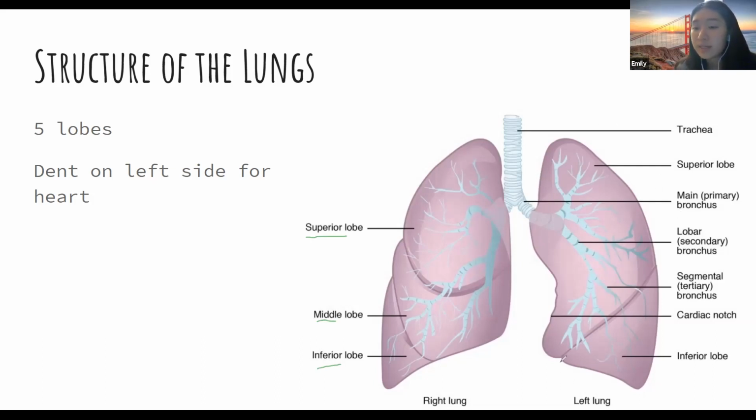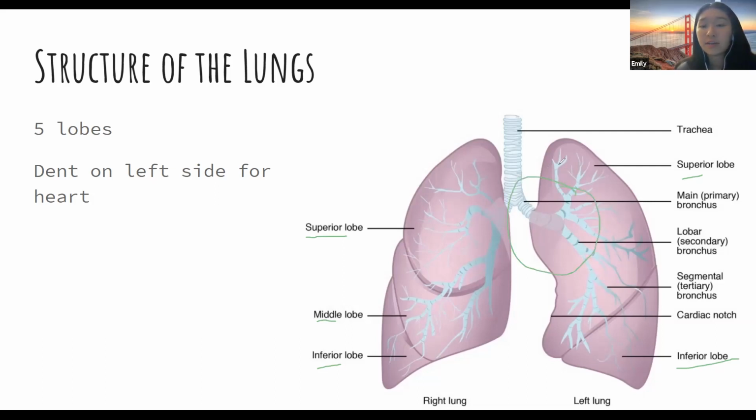And then on the left, we are also going to have lobes of the lungs, but there are only going to be 2 lobes on the left: superior lobe and inferior lobe. That's because your left lung is going to be slightly smaller than your right lung because it needs to make a little bit of room for your heart. Your heart is not exactly aligned in the center.